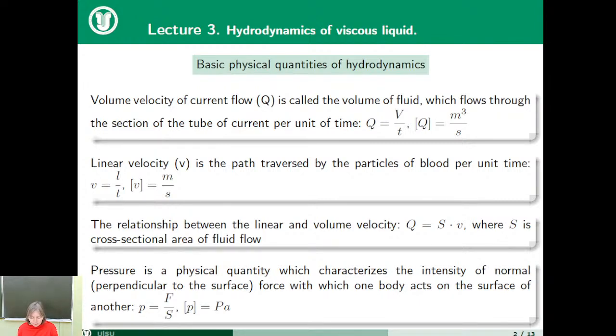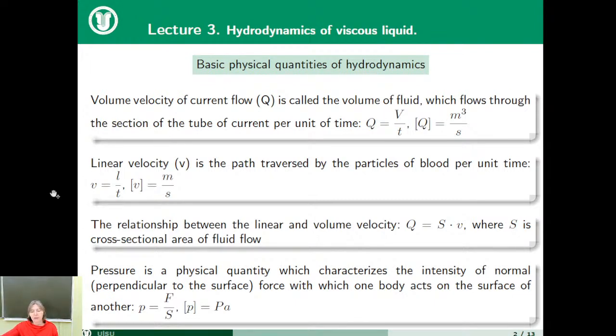Pressure is a physical quantity which characterizes the intensity of a normal force with which one body acts on the surface of another. If the force exhibits a uniform distribution along the surface, the pressure is determined as the ratio of force to area.